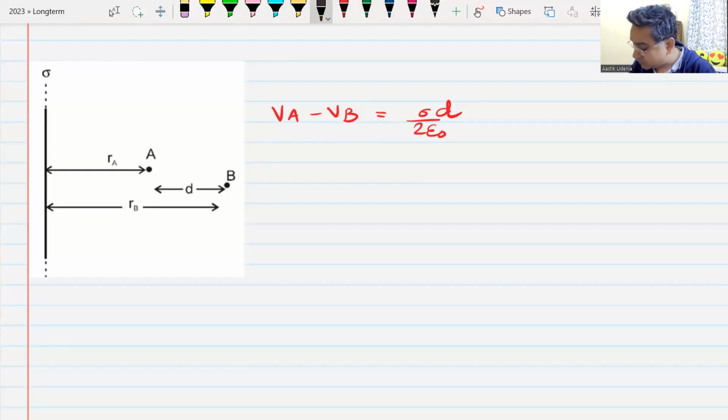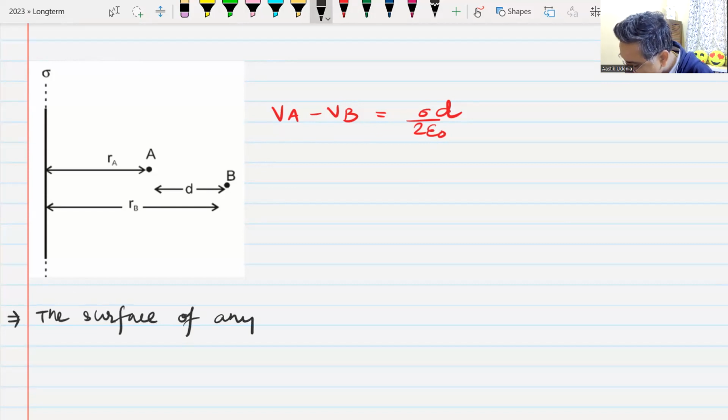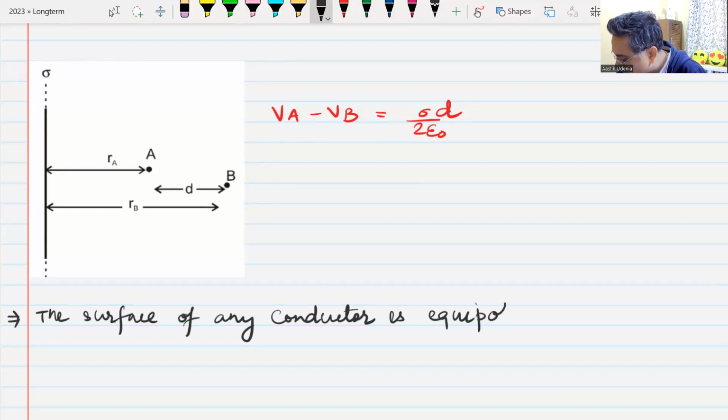Also, you can note down one more point. The surface of any conductor is equipotential. Do we understand this? Yes, sir.